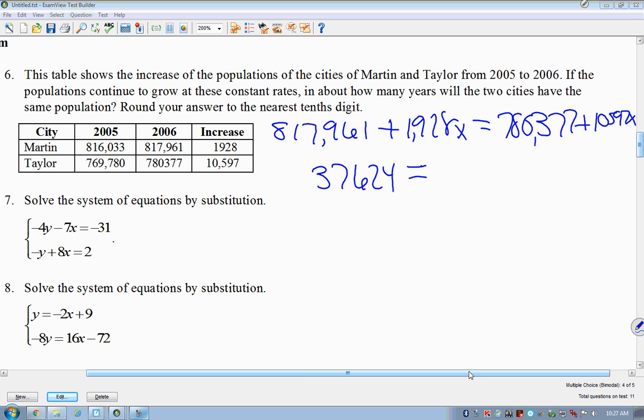What's 10,597 minus 1,928? I don't see anybody punching it in a calculator.